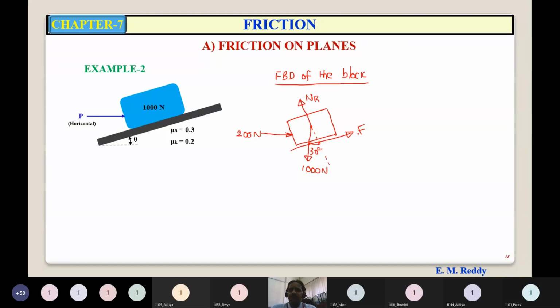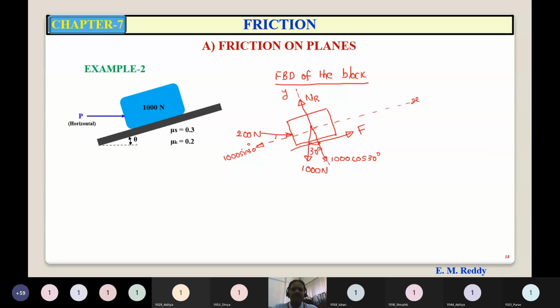Now, after applying this force F, the body is in equilibrium. So we can write equations of equilibrium, taking the x-axis along the plane and the y-axis perpendicular to the plane. We resolve this 1000 Newton into two perpendicular components. The component adjacent to the angle is cos, so it is 1000 cos 30, and the component along the plane is 1000 sin 30.